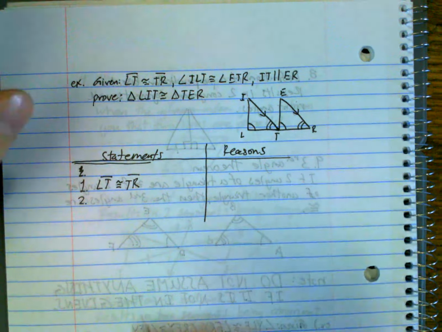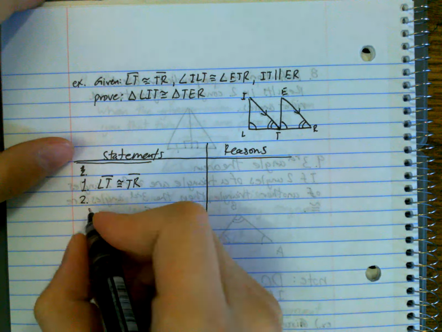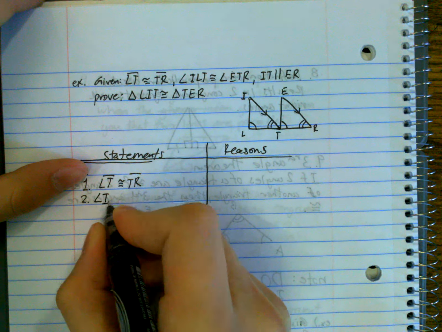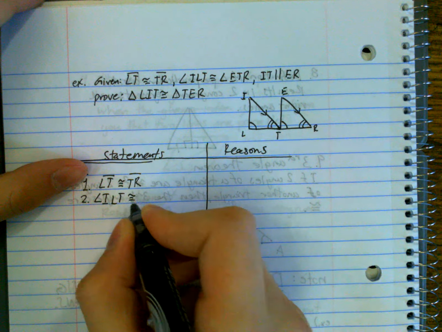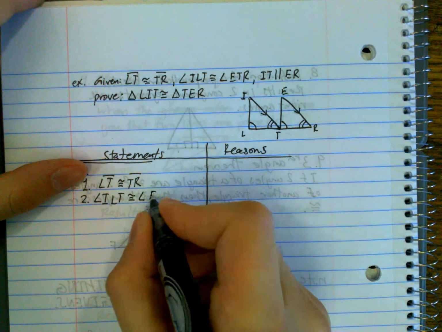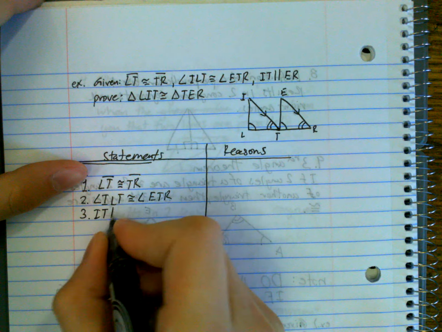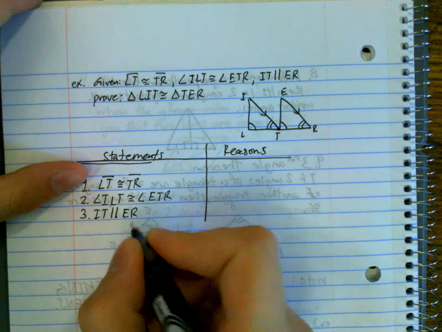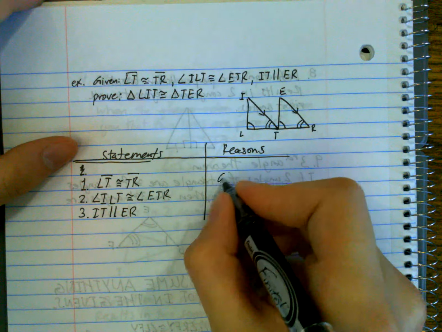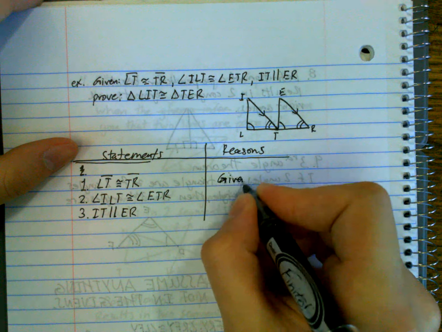But I separate them. Angle ILT is congruent to angle ETR. And 3, IT is parallel to ER. Given.